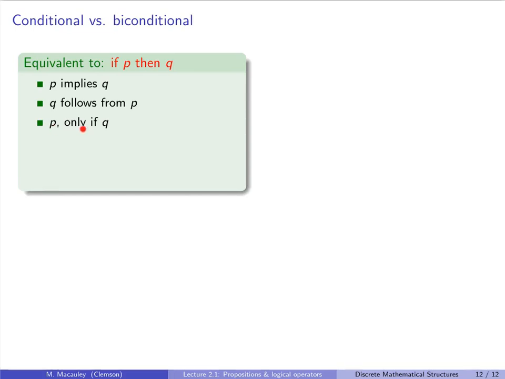Now this one is maybe not quite so obvious that it's equivalent to these two. So I encourage you at any time when I show you one of these to pause the lecture video and convince yourself of why it is equivalent before moving on.